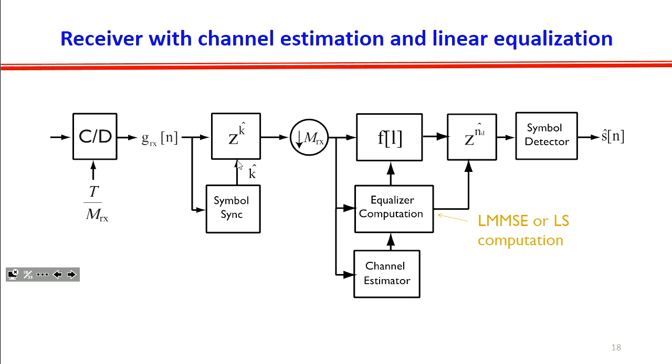Sometimes channel estimation and frame offset compensation are combined. It's a joint procedure where you can pick up the frame start and also estimate the channel. I think that's the case in here. But the equalizer calculation will only depend on the data portion.